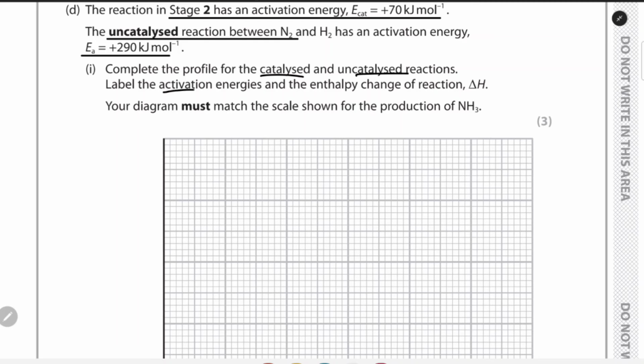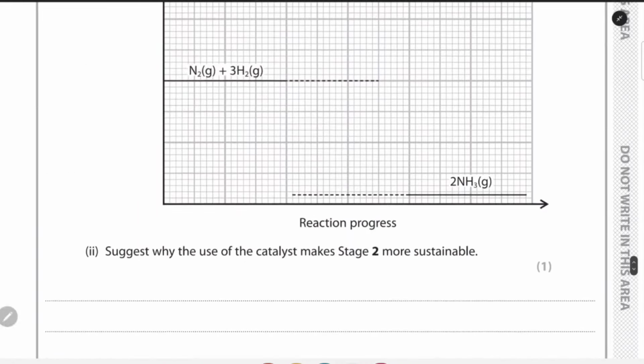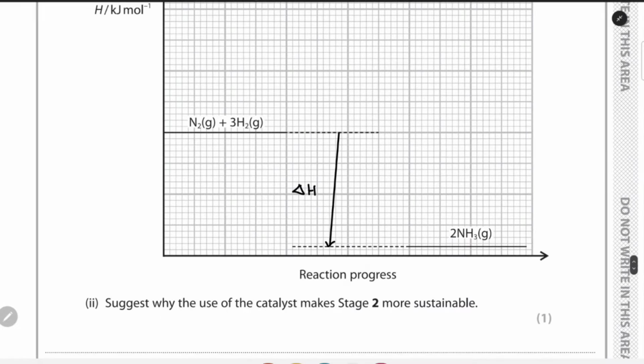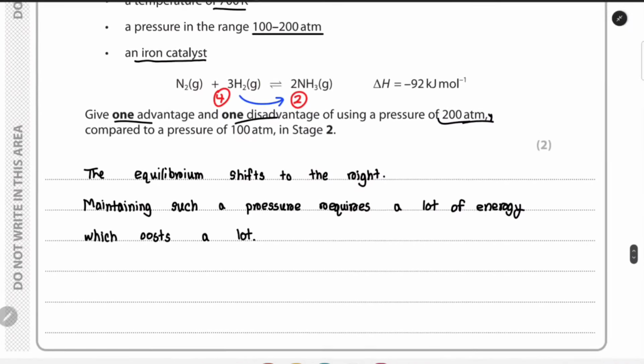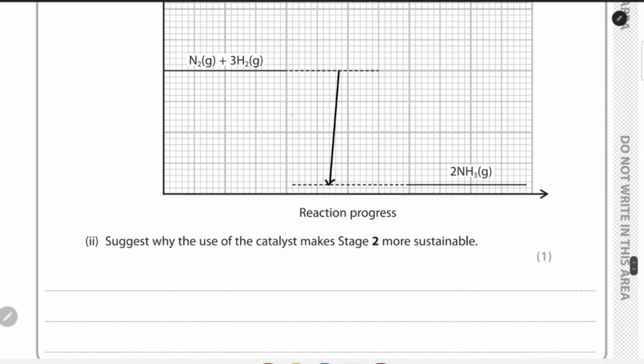We have to label the activation energies and the enthalpy change del H. The del H will basically just be this part over here. This is the change in enthalpy. From previous data, we know that this value over here is minus 92 kilojoule per mole.